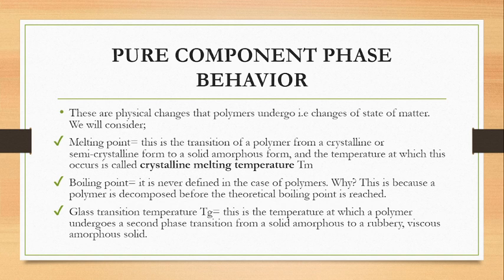When you begin to heat the polymer, it tends to decompose before the theoretical boiling point is reached. So that is why the boiling point of a polymer is never defined. Since the polymer will never exist in a gaseous form, the boiling point is not going to exist.